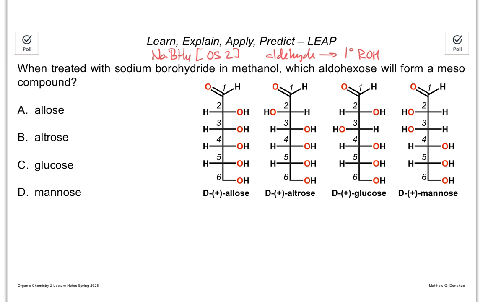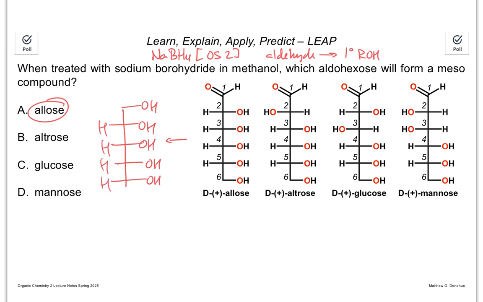Allose. So A, allose, is the correct answer. So that aldehyde's been reduced to the primary alcohol.